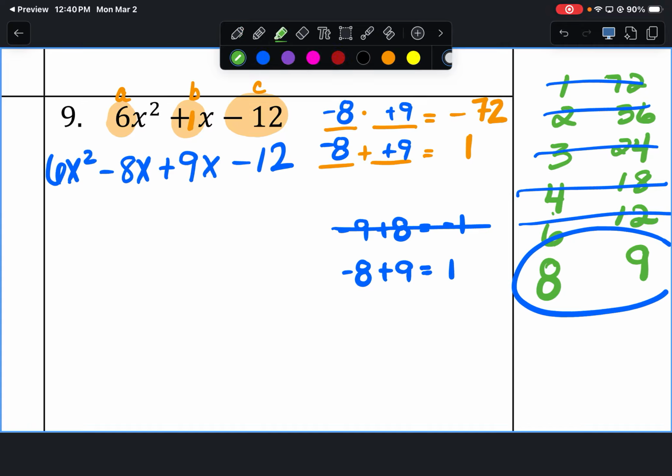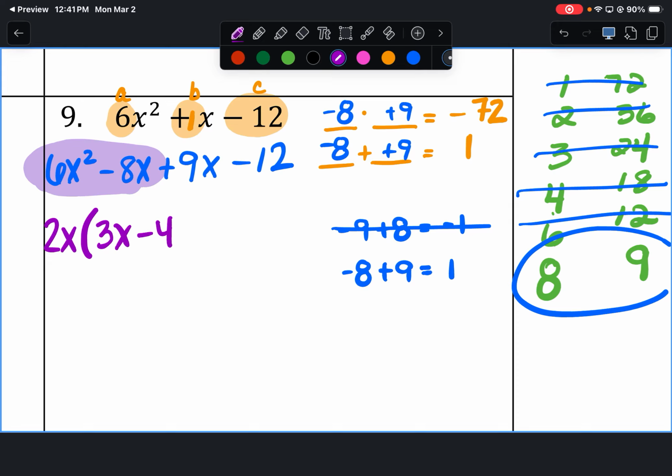When we group the first 2, what is our GCF of the first 2? Not just 2, but 2x. Which will leave us with, what is 6x squared divided by 2x? 3x. What is negative 8x divided by 2x? It is negative 4.